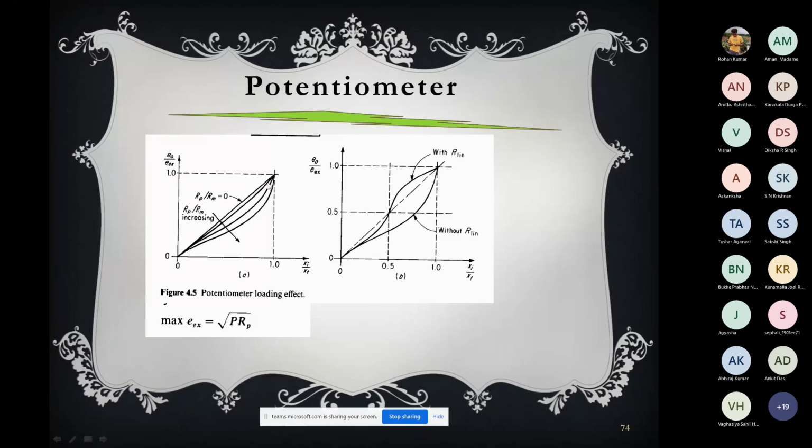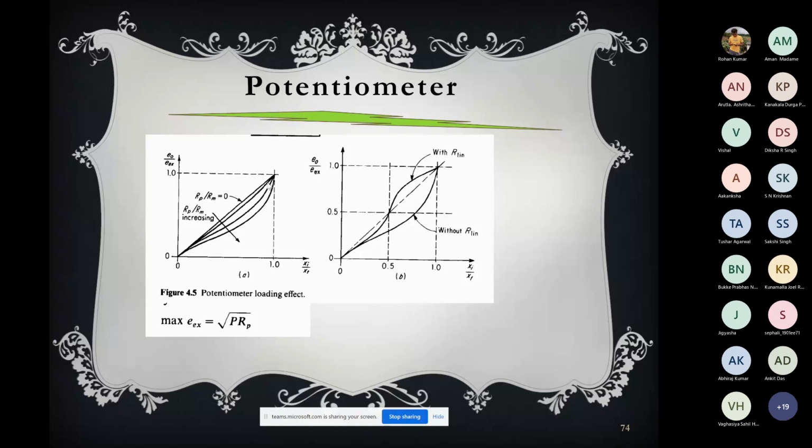If Rp by Rm is not equal to 0 but is something finite, then the plot will not be linear. It will be non-linear and dip. Although the initial point and final point will be the same, it is going to be a kind of curve.